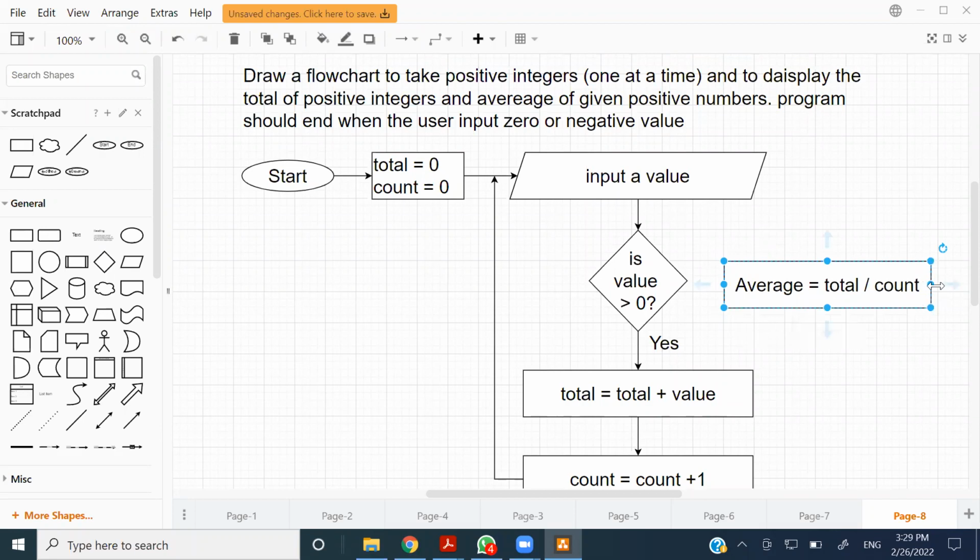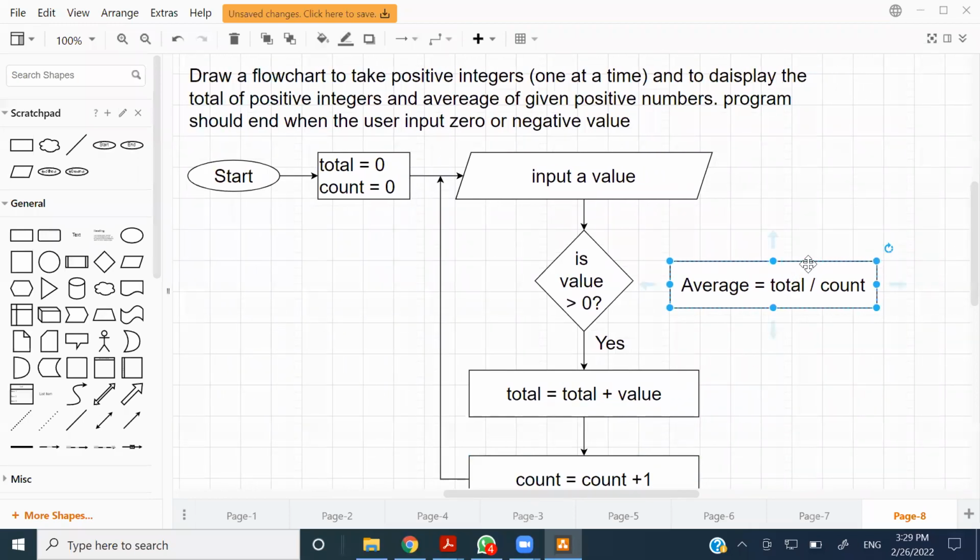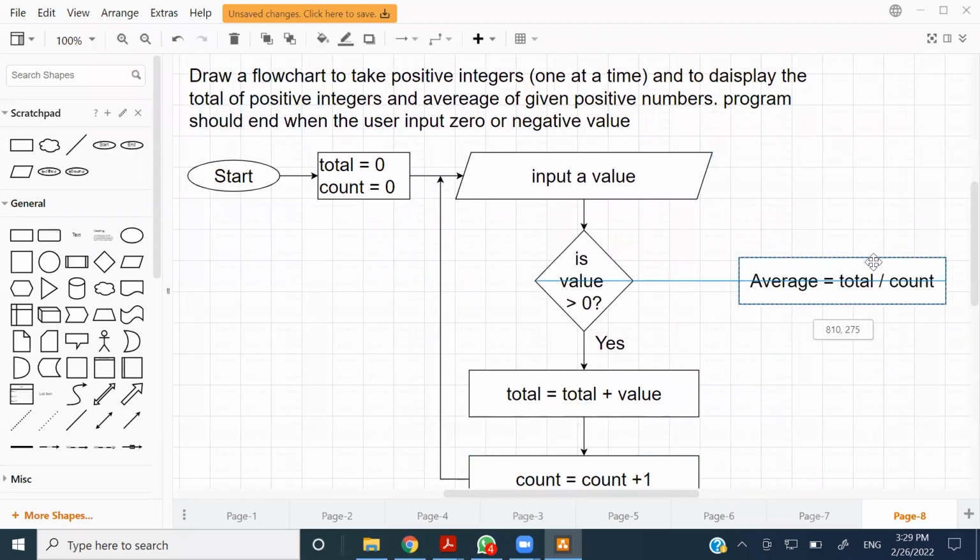Like this. So after this, I am calculating the average.